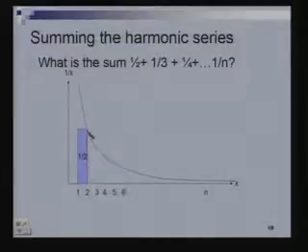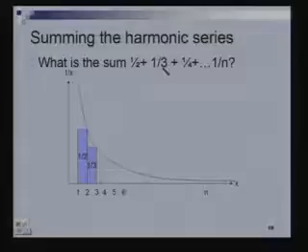What is the height of this rectangle? 1 by 2. What is the width of this rectangle? 1. So what is its area? 1 by 2, half. This one will be 1 by 3, because I have drawn a line here at 3.